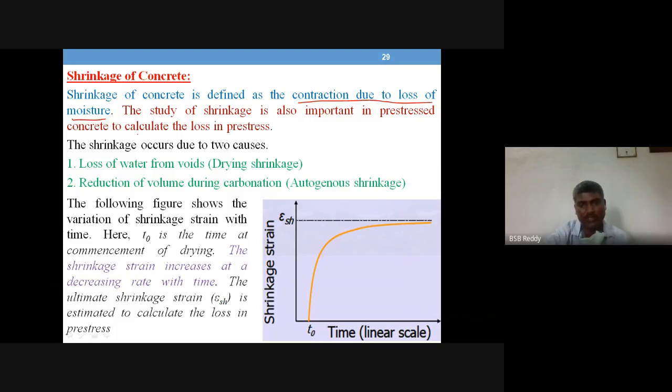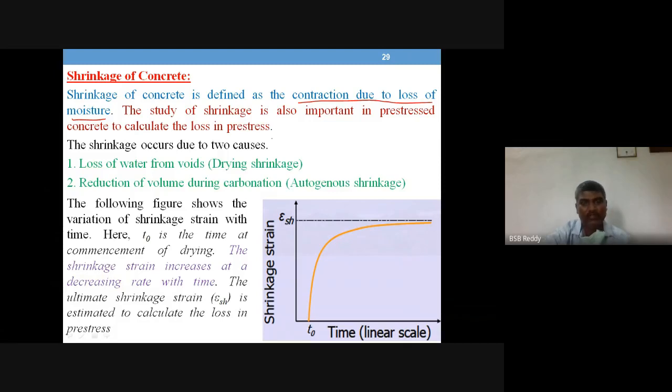So we are adding some water according to the water cement ratio. You are adding some water to the concrete. Some water is utilized in the hydration process, and some water will stay in the voids to fill them up. So what happens with this property of shrinkage?